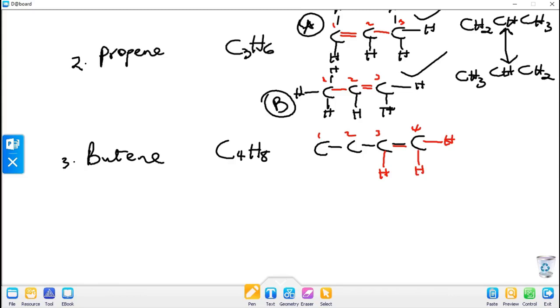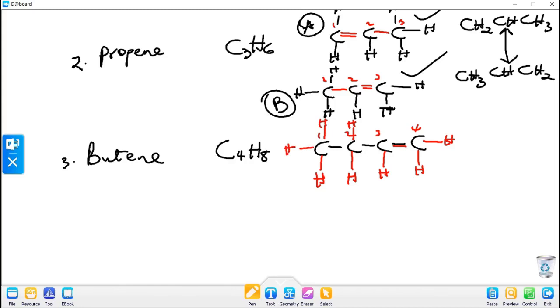Since carbon 2 is having 2 bonds, it needs 2 more hydrogens. 5 gone, 3 to go. Since carbon 1 is having 1 bond, it needs 3 more hydrogens, and it takes the remainder 3. And this is how it is done.